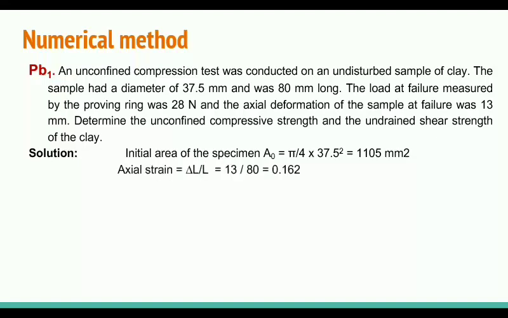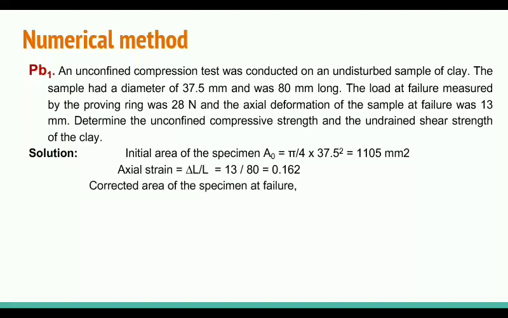We can calculate the axial strain by dividing delta L by L. Delta L is 13 mm and L is 80 mm, so we get 0.162. Axial strain is a unitless quantity.